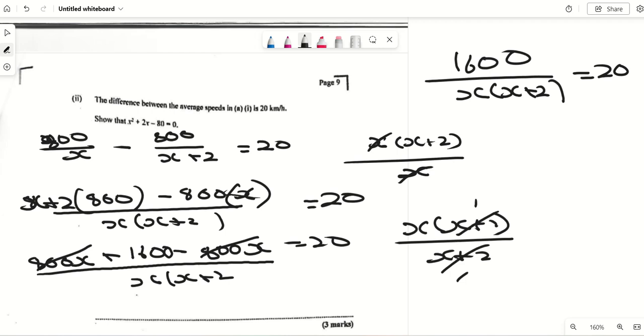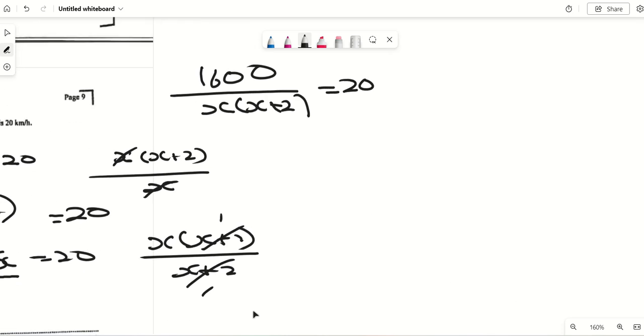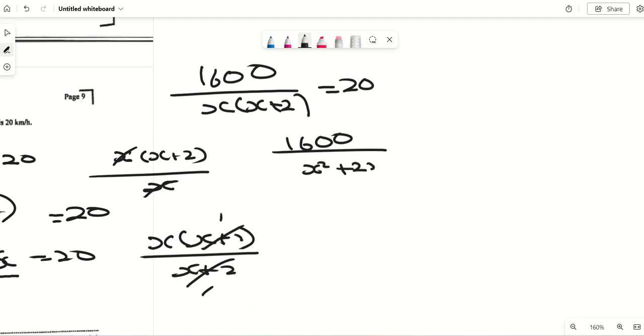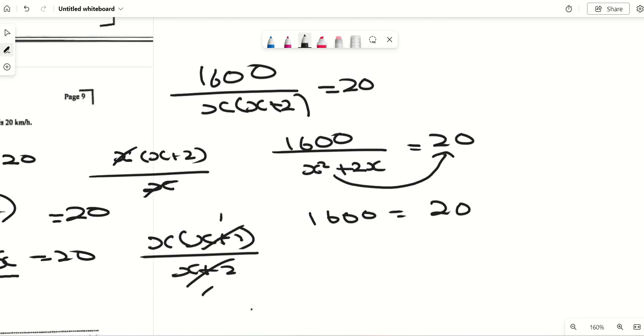The opposite of divide by is multiply by. So we're going to have 1600 over x by x is x squared plus 2x is equals to 20. You carry across divide by, it's going to turn to multiply by. So that's 1600 is equals to 20 multiplied by x squared plus 2x, right?